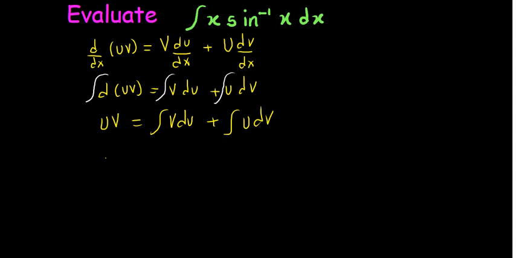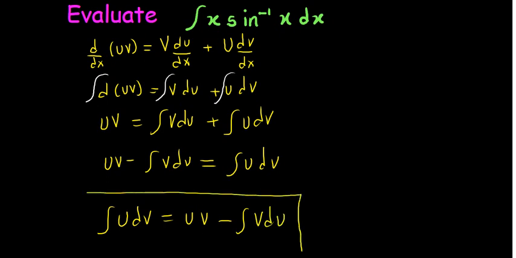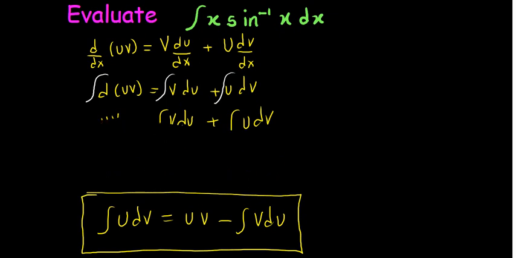So that is uv minus the integral of v du being equal to the integral of u dv. Therefore the formula for integration by parts: the integral of u dv is equal to uv minus the integral of v du. So this is the formula we are going to use to work out this question.